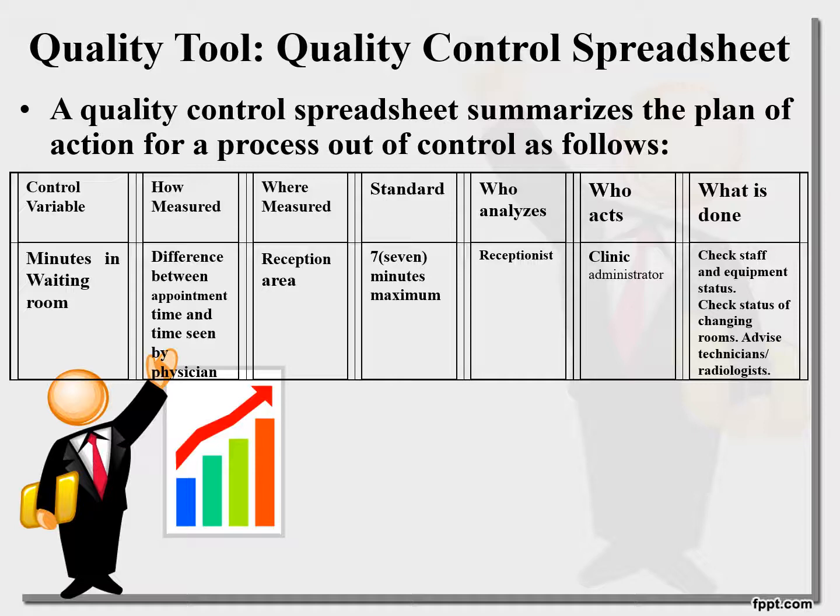Where measured? Reception area. Standard: 7 minutes maximum. Who analyzes? Receptionist. Who acts? Clinic administrator. What's done? Check staff and equipment status. Check status of changing rooms. Advise technicians and radiologists.